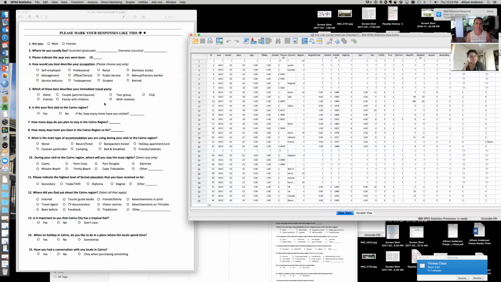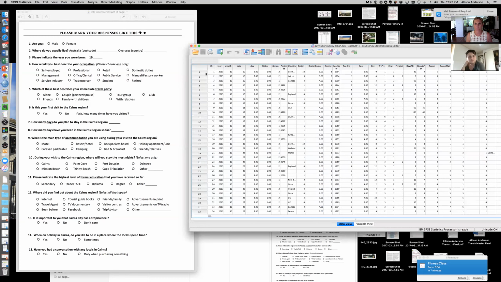What you can see in the survey is what you can see here. So we're in the data view now. The first one that came in is my record number 1, and this is what it looks like. I've got the year that the survey was done, the month and the date and the day. Obviously that was Friday, which was number 5.